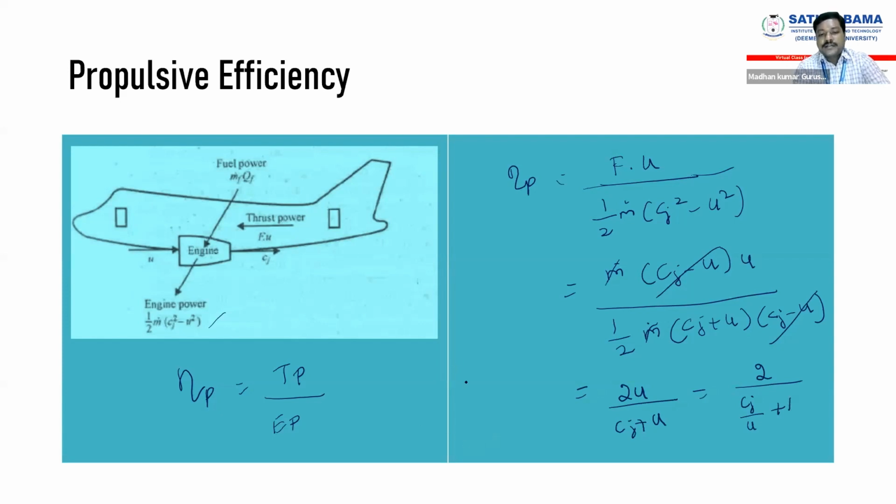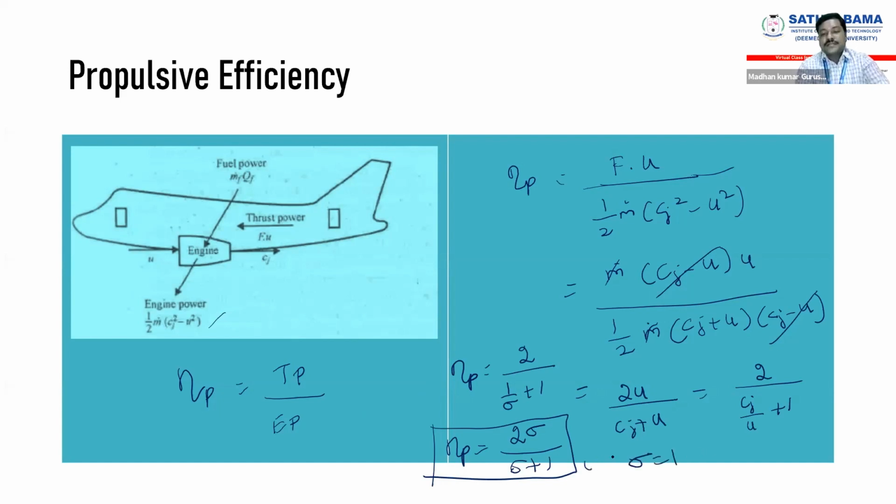So what will be the propulsive efficiency now? 2 divided by 1 by sigma plus 1, right? On taking LCM, what we get? 2 sigma divided by sigma plus 1, right? So this is your propulsive efficiency. This propulsive efficiency becomes 100% when sigma is equal to 1.